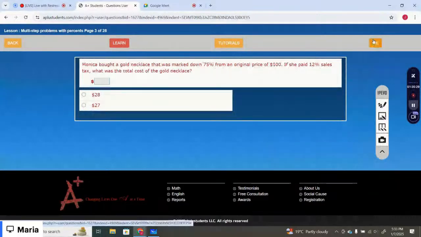Monica bought a gold necklace that was marked down 75% from the original price of $100. If she paid 12% sales tax, what was the total cost of the necklace? So, which is the correct option?